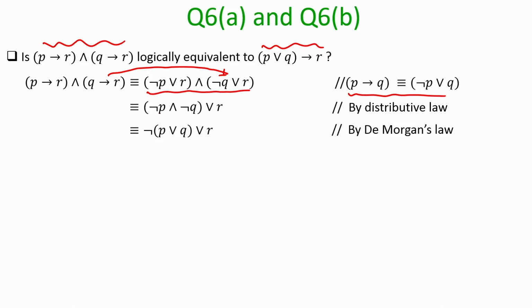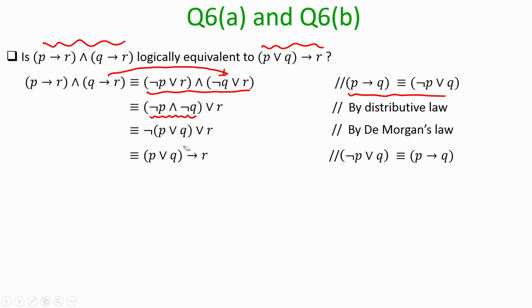Now, what I can do is, I can apply De Morgan's law and write this conjunction of negation P and negation Q in the form of negation of this whole disjunction, and then again I can apply this law, namely negation P or Q is equivalent to P implies Q, here.